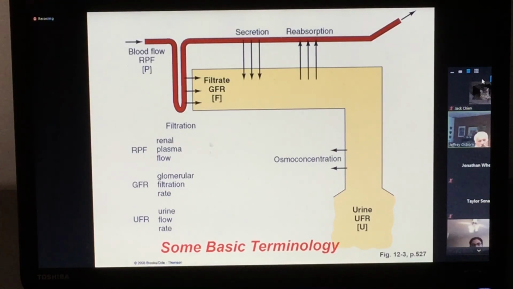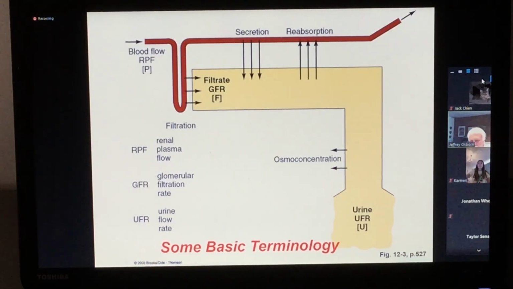So we have renal plasma flow, that is the rate of flow of plasma into the glomerulus. We then have glomerular filtration rate, the rate of filtration from the plasma into the tubular fluid, and we have urine flow rate, which is the rate of excretion of urine out of the nephron into the bladder.